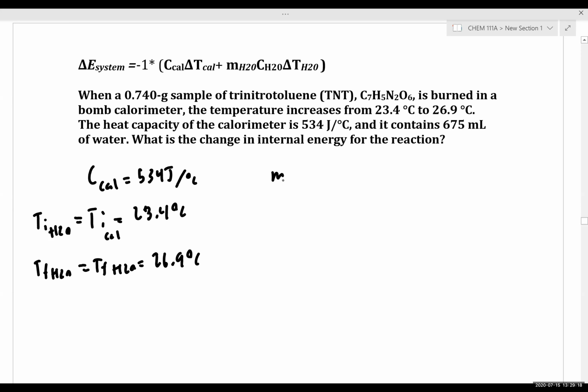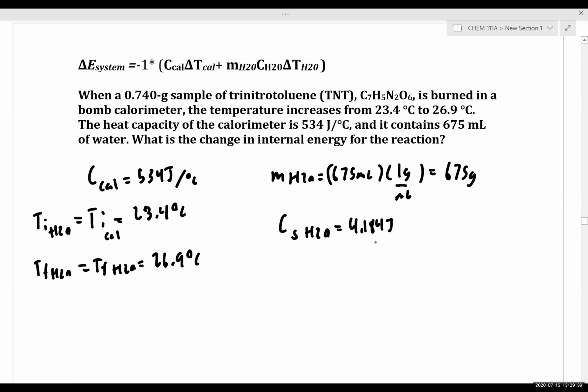The mass of water is 675 milliliters times 1 gram per milliliter, which gives us 675 grams of water. And the specific heat of water is 4.184 joule per gram degree Celsius.